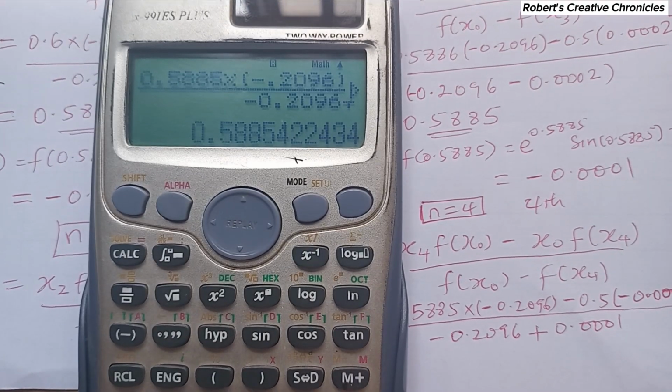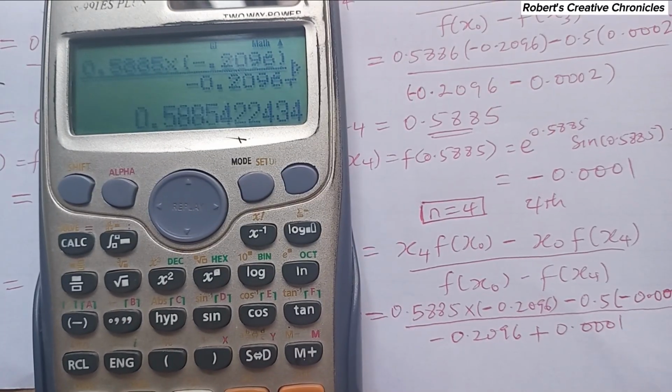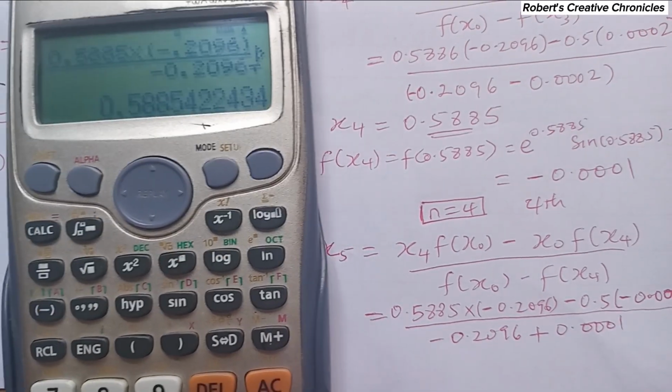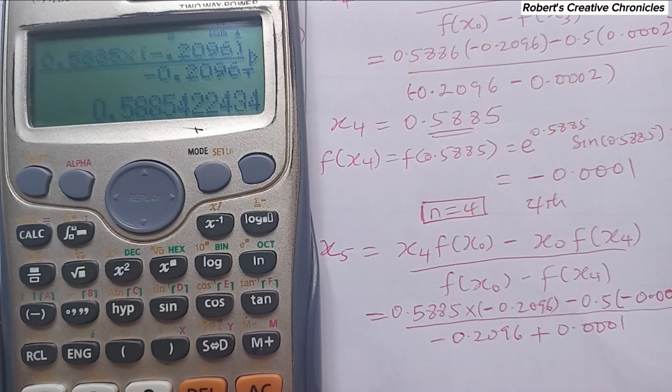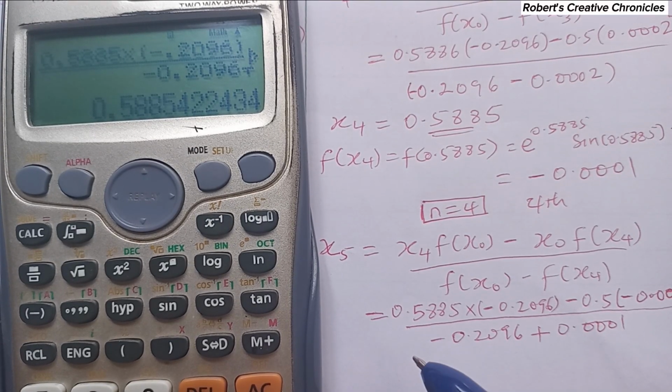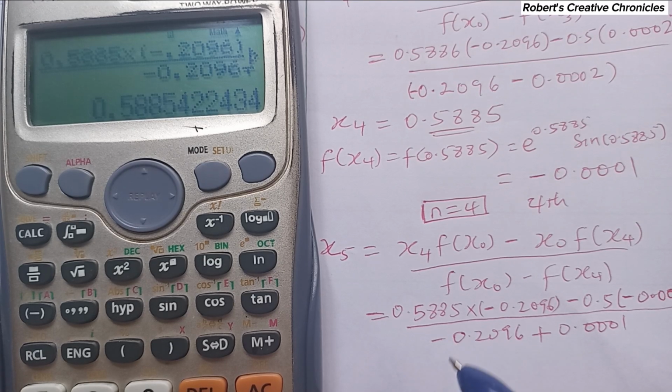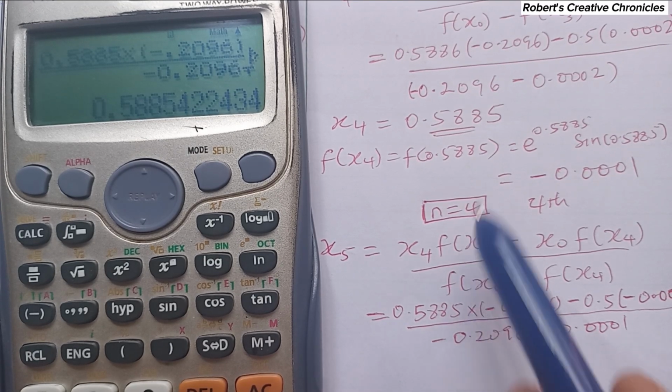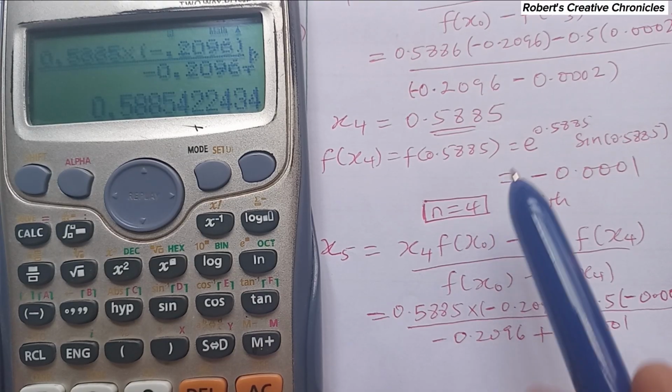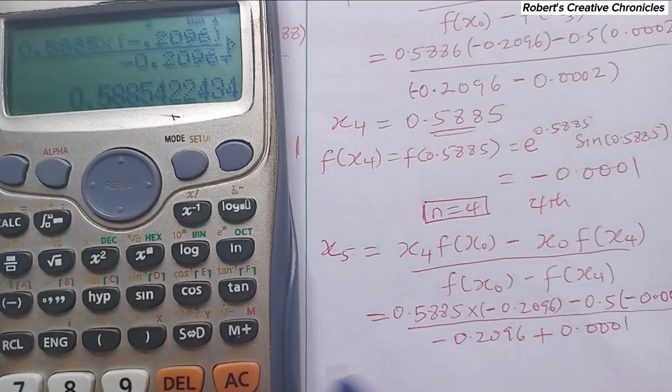So this is 0.5885, like the previous answer. So we can stop our iteration now. We are convinced that the approximate root of this equation is 0.5885 to 4 decimal places.